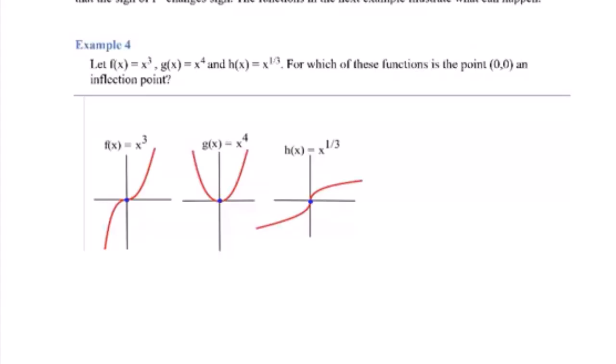So let's say we have a number line. f prime of x is going to equal 3x squared, and f double prime of x is equal to 6x.